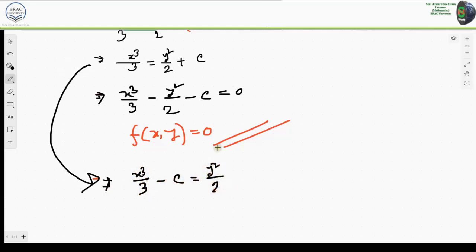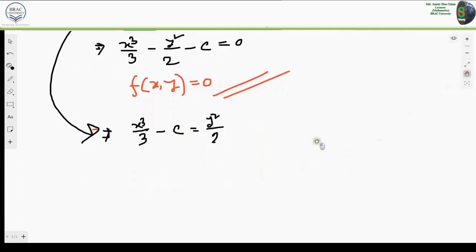We can write it this way, and then x cubed by 3 minus c, times 2, equal to y squared.